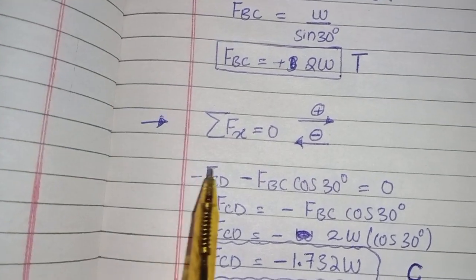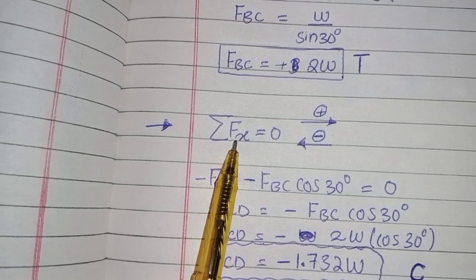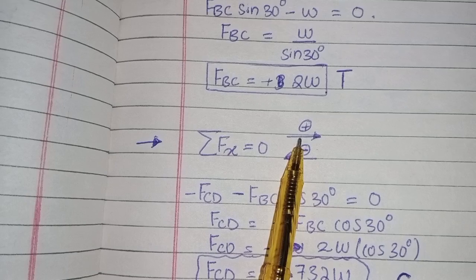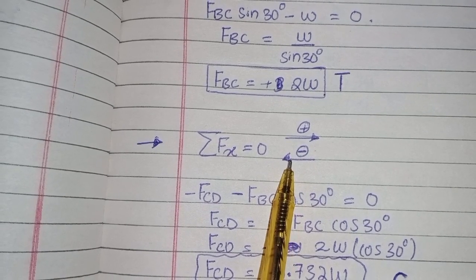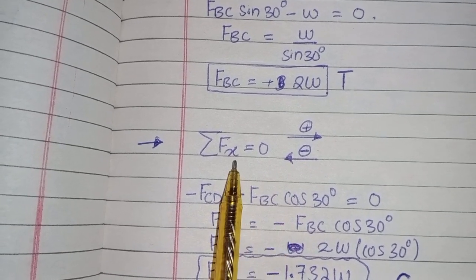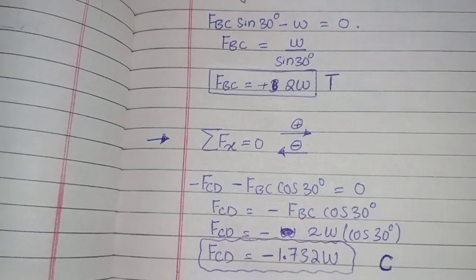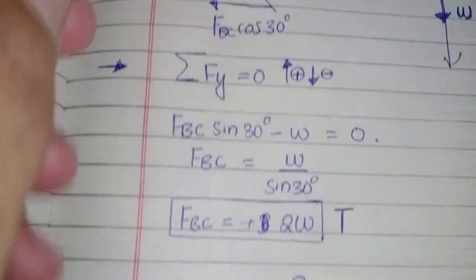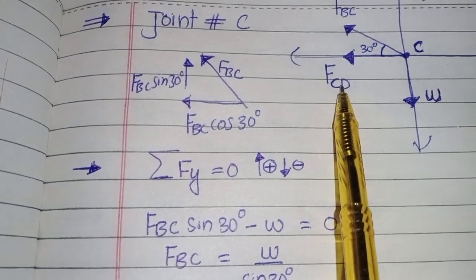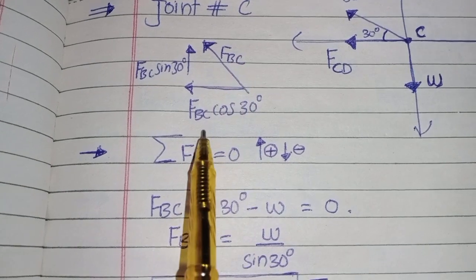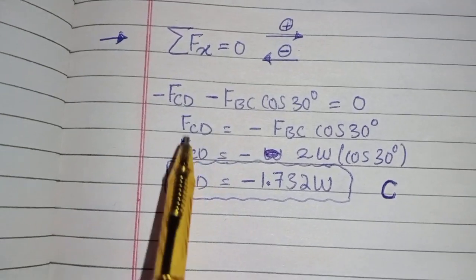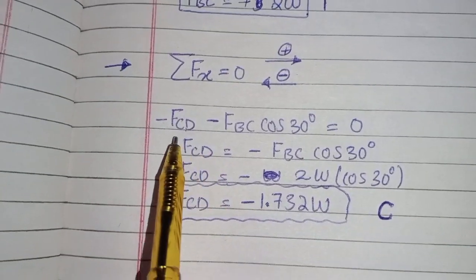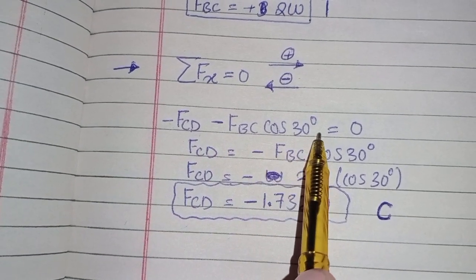Okay, so the other equation of equilibrium is summation of all horizontal forces equal to 0. The force directed toward right is taken as positive, and the force directed toward left is taken as negative. There are two forces horizontally: one is FCD and the other is the component of FBC, FBC cos 30 degree. So minus FCD minus FBC cos 30 degree equal to 0.